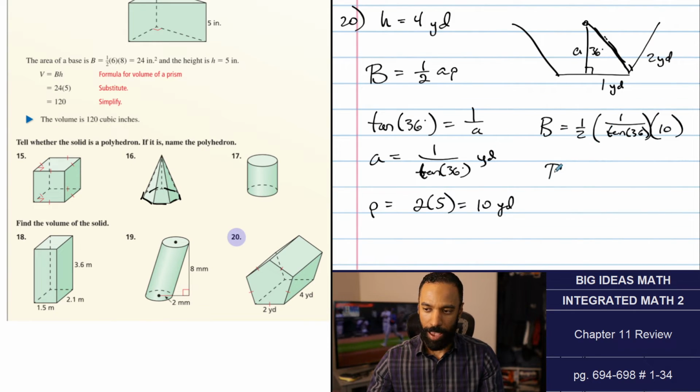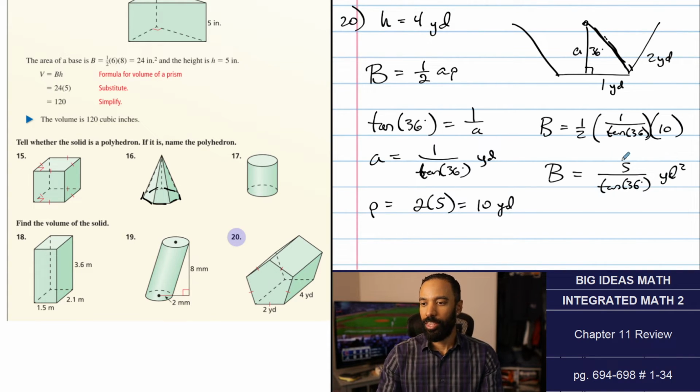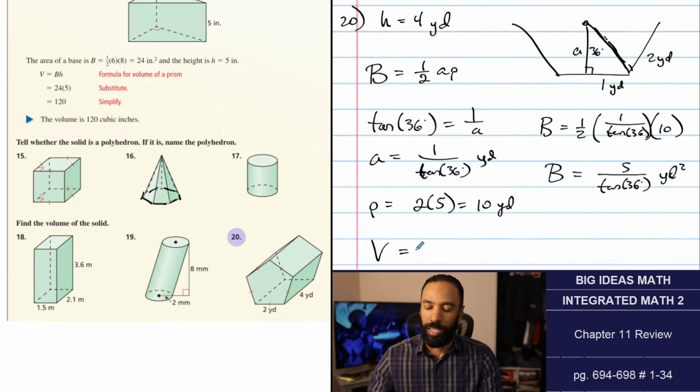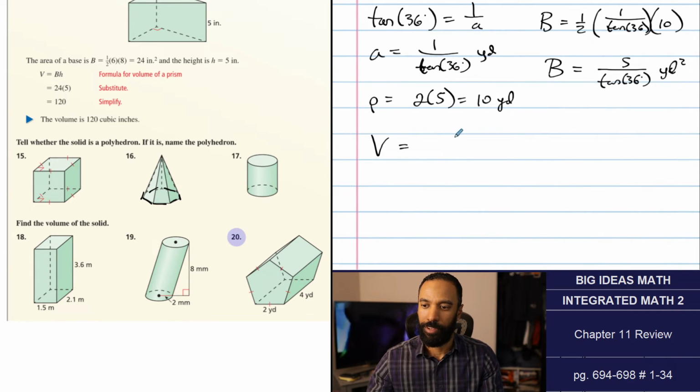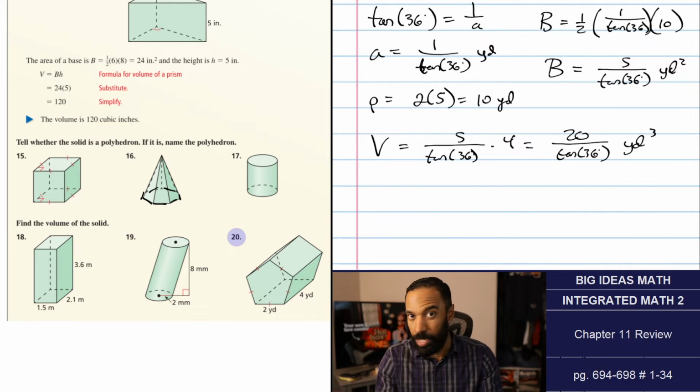Half of 10 is 5, and 5 would go in the numerator here. So 5 over tangent of 36 square yards. So there's the area of the base. Height is 4. So the volume is area of base times height. We have 5 over tangent of 36 times 4, which is 20 over tangent of 36. This is in cubic yards, of course, and that is also exact, not rounded.